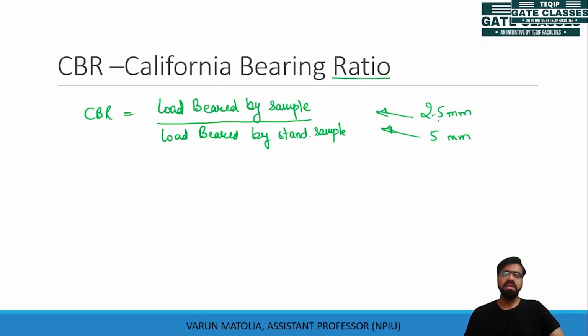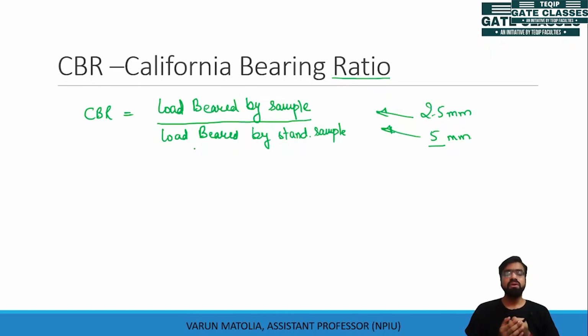For 2.5 mm settlement, what is the load taken by the sample divided by the load taken by the standard material, and for 5 mm settlement again the same ratio is calculated. Generally, with increase in settlement, this CBR value decreases.